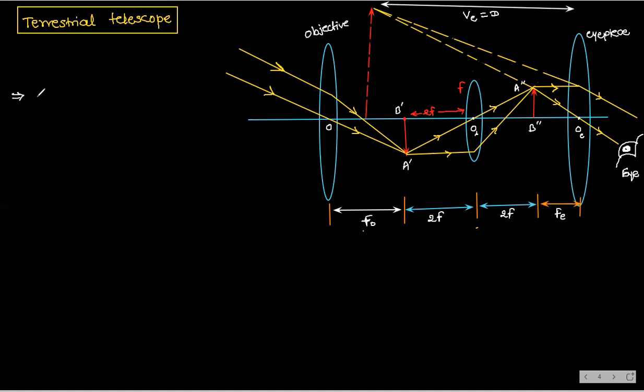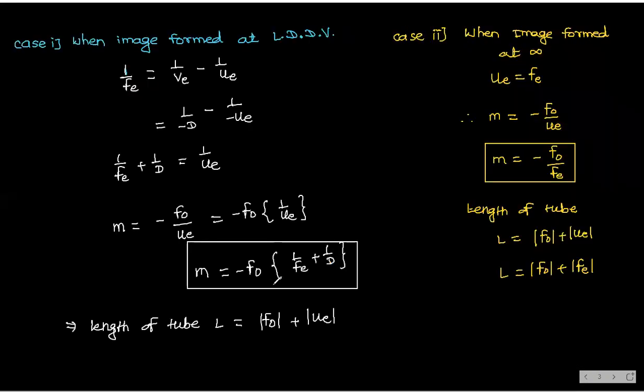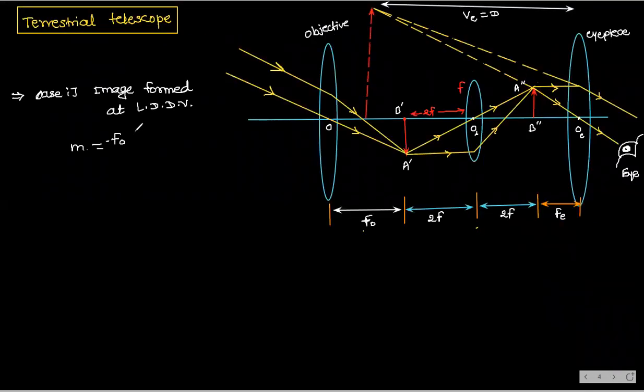So see here, magnifying power. Case 1, when the image is formed at the least distance of distinct vision, then m is equal to f naught by fe, same formula as you got in the previous case, f naught by fe into (1 plus fe by d), same as the astronomical telescope.